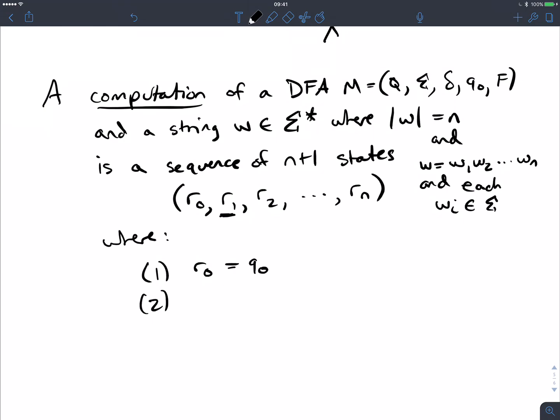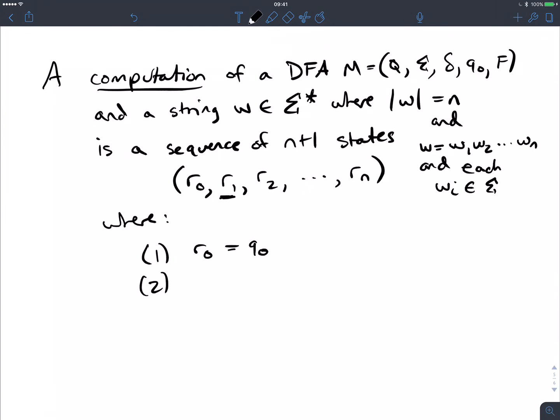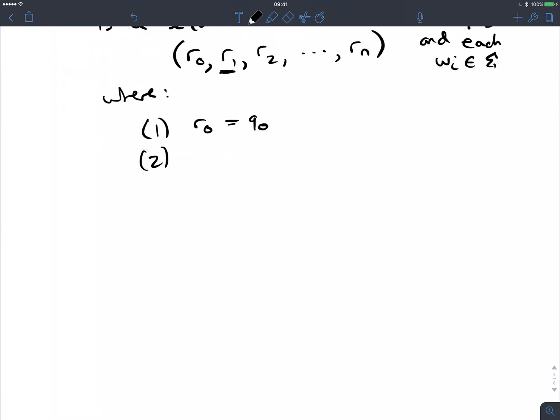Okay, so in our previous example, W1 is 0, W2 is 0, and W3 is 0. Good. Well, in order to get R1 in this sequence, I've got to go from R0 on some transition to it, but what transition? What thing did I read? Well, I've got to read some character of W, W1. I read the first character of W. Okay, so I'm just going to put this in as a side note.